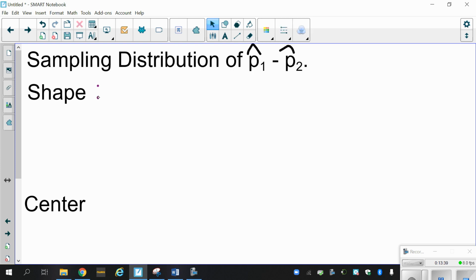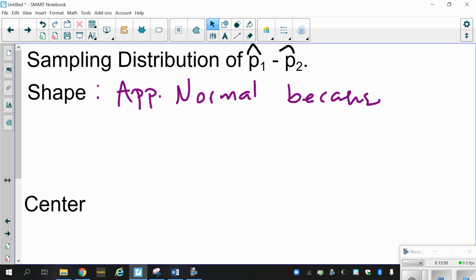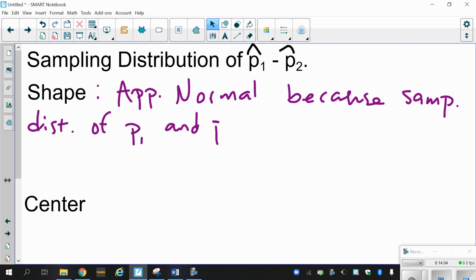So this shape is approximately normal because the sampling distributions of p-hat1 and p-hat2 are also approximately normal.